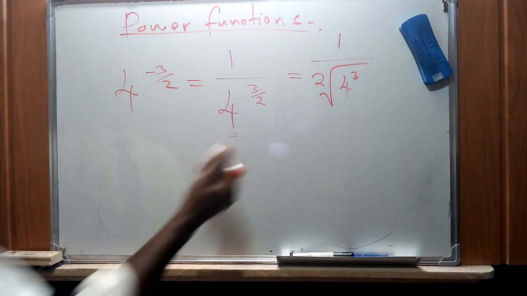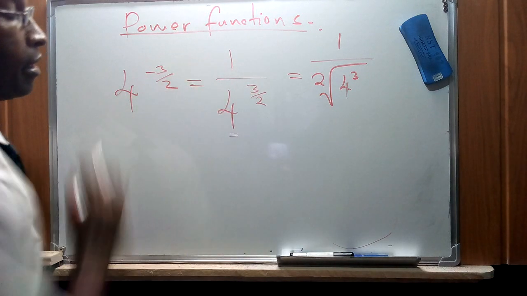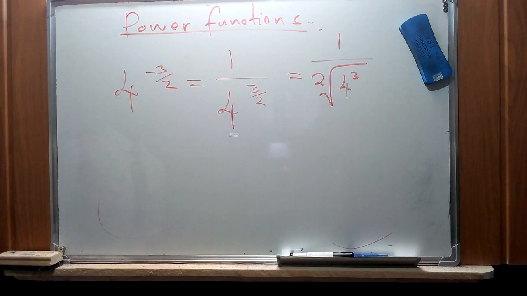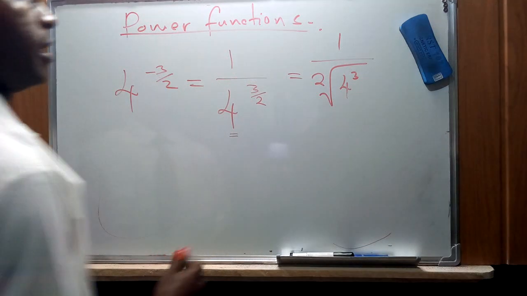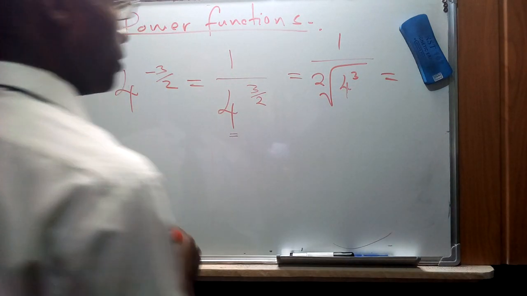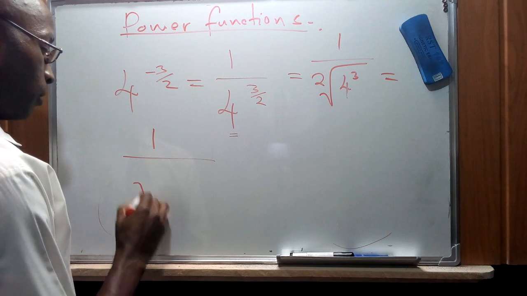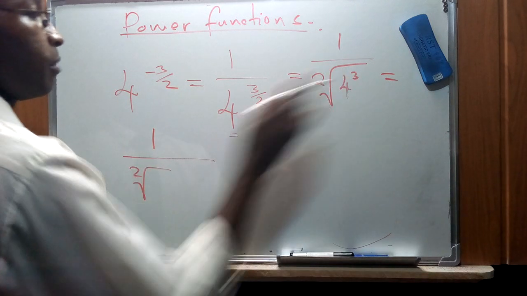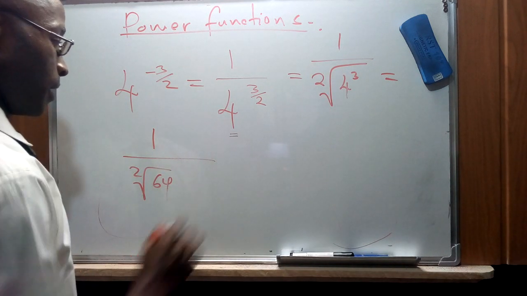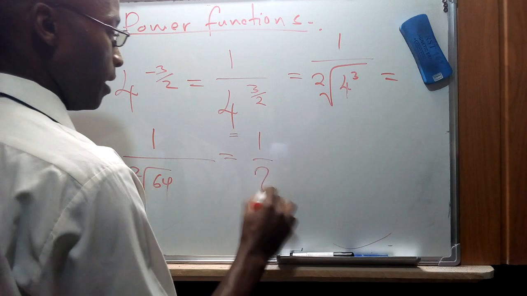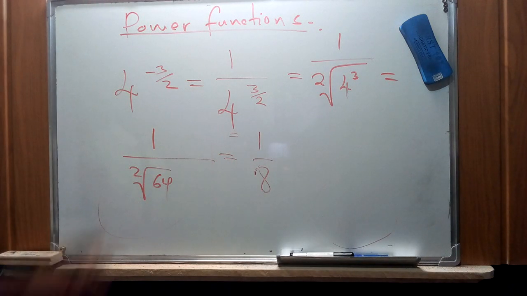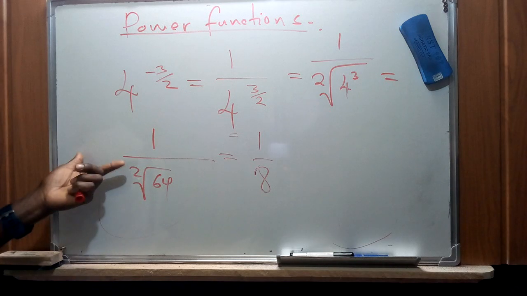So I've just done a simplification of the denominator part of that fraction, and that will be the value there. So still we can simplify the last part of the expression, and then we'll have 1 over the root of 4 cubed, this is 64, and therefore what we're going to get is 8. So this is using the basic concept that we have defined for power functions for both negative and positive values.